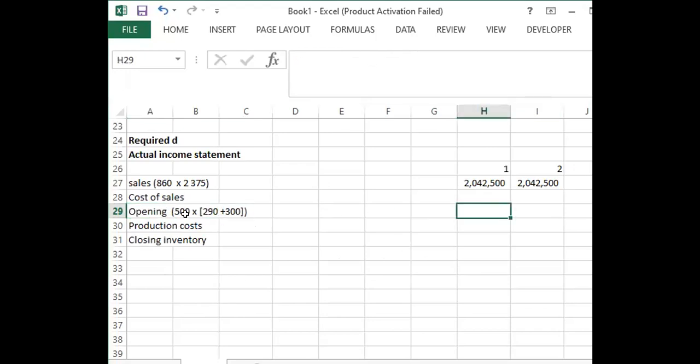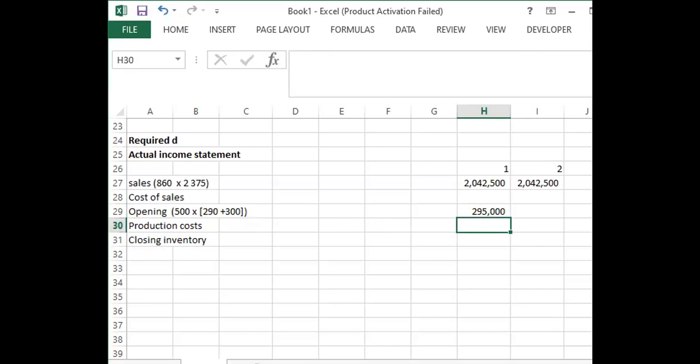I'm only doing the calculation for the opening inventory in period 1, because for period 2, the opening inventory is going to be the closing inventory that we have calculated. Hence there is no need to show the working on that one. So this is going to be 500 times, what is 290 plus 300? That's 590. We multiply those two, and that's what that gives us.